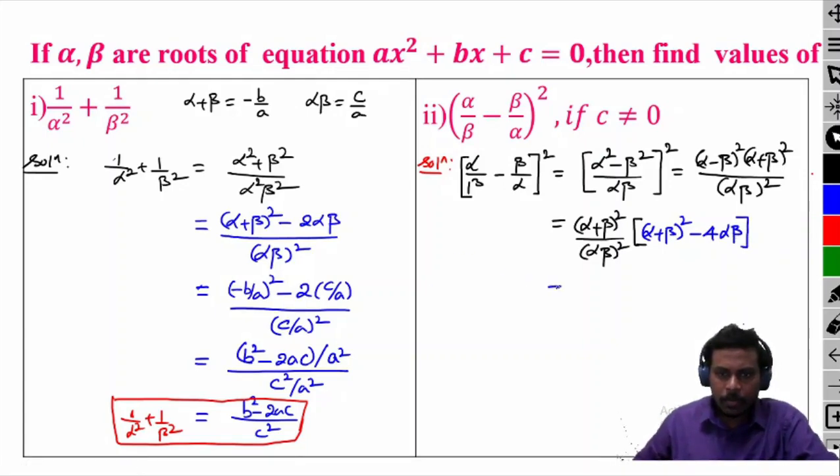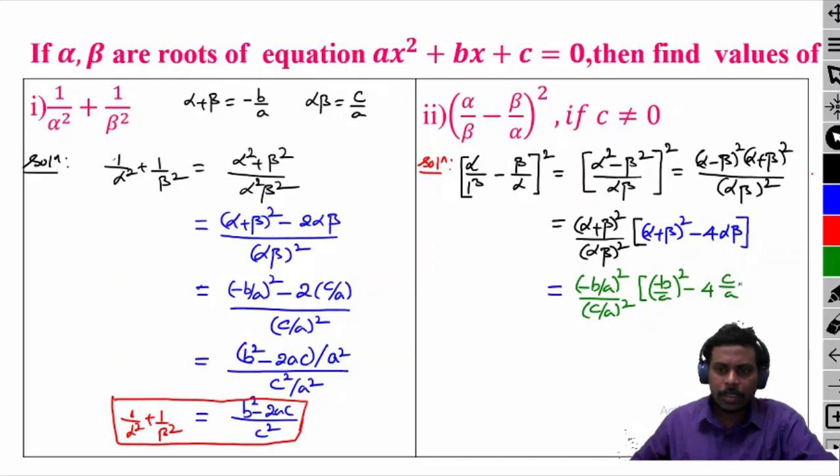Now this is going to be (alpha plus beta) whole square, that is (minus b by a) whole square, divided by (c by a) whole square, into (alpha plus beta) is (minus b by a) whole square minus 4 into c by a.